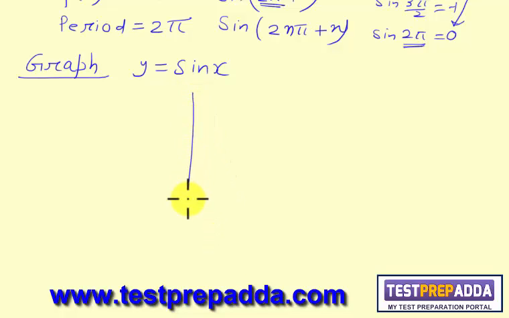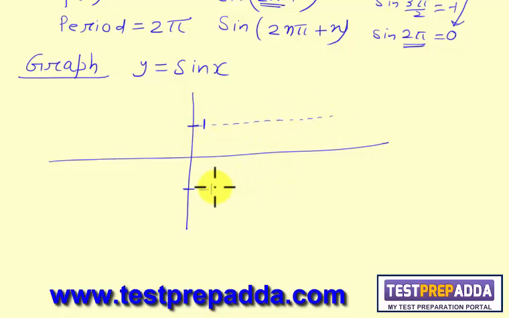If I take this as the y-axis, this as the x-axis, and here I take 1, here I take minus 1, and this is 0 radian.